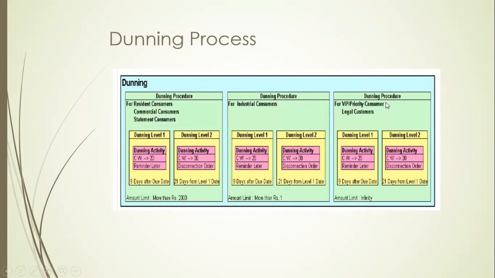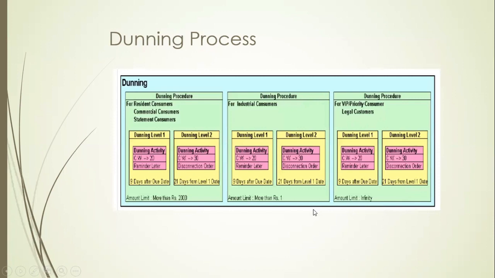So for VIP or priority customers, they put a limit as infinity for the dunning procedure. So any amount will increase, and the arrears need to be added.